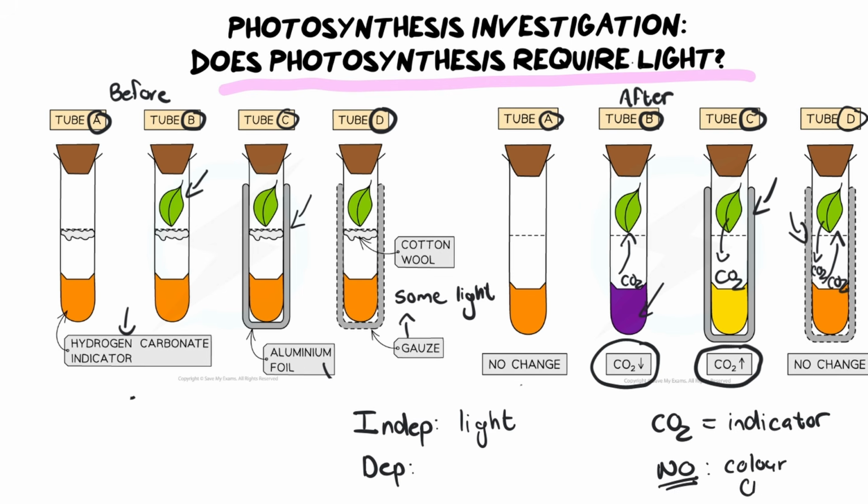The color change is not your dependent variable. The dependent variable, once again, is photosynthesis, or if you want to be very specific, the rate of photosynthesis or the efficiency of photosynthesis. But it is not the color change. That is just an indicator.